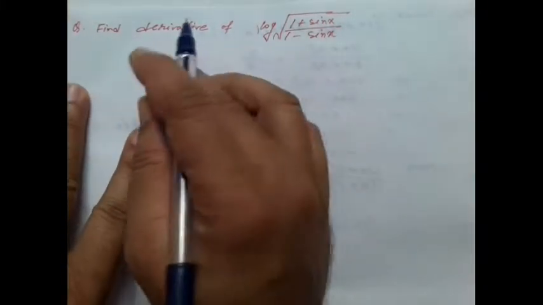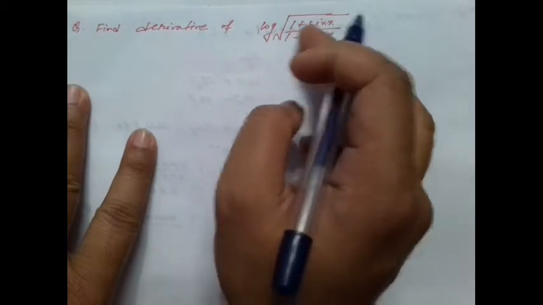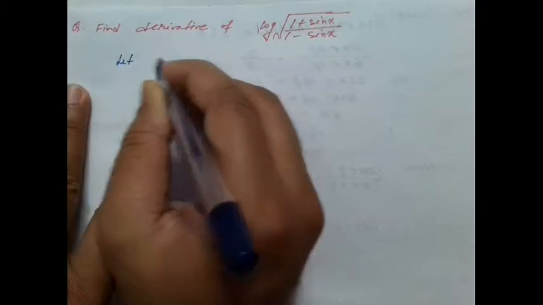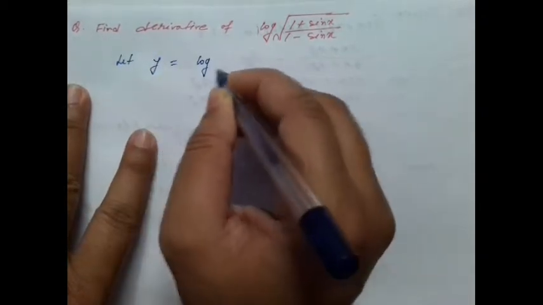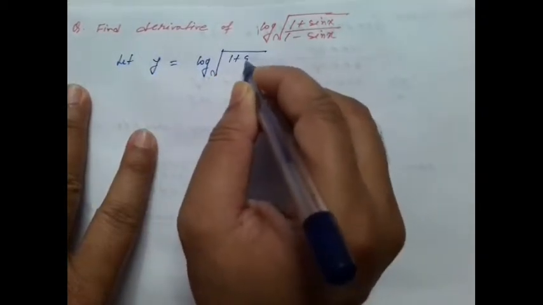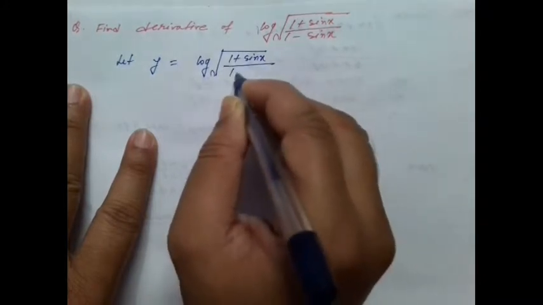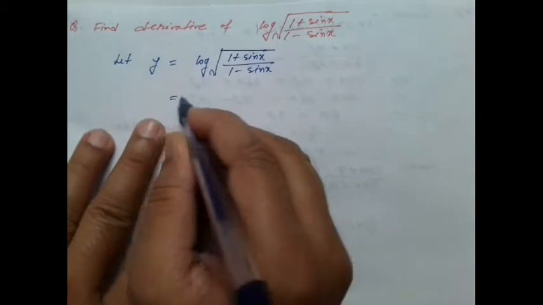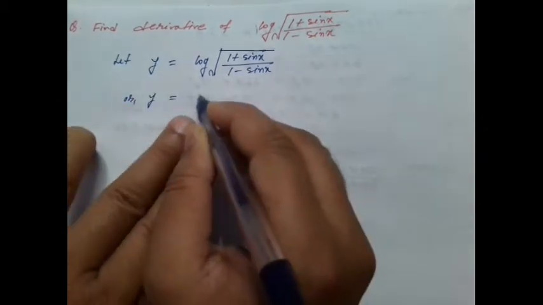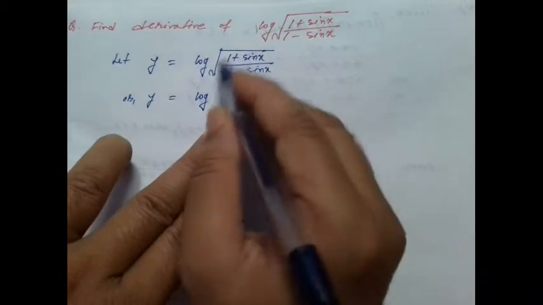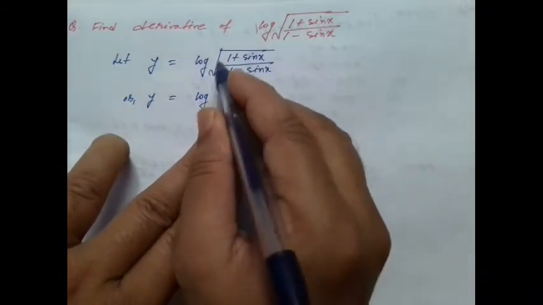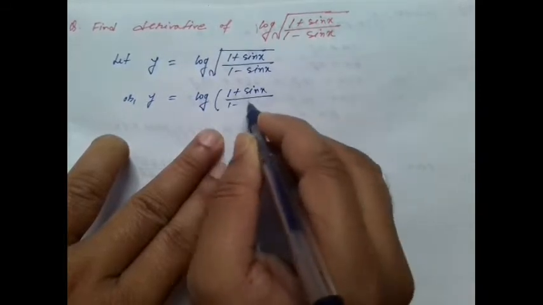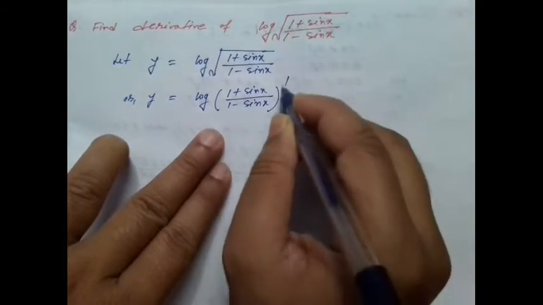Now we have this following problem: find the derivative of log of root over (1 plus sin x by 1 minus sin x). At first we have to take y equals log of root over (1 plus sin x by 1 minus sin x). At first we have to simplify this function, so root means (1 plus sin x by 1 minus sin x) whole to the power half.